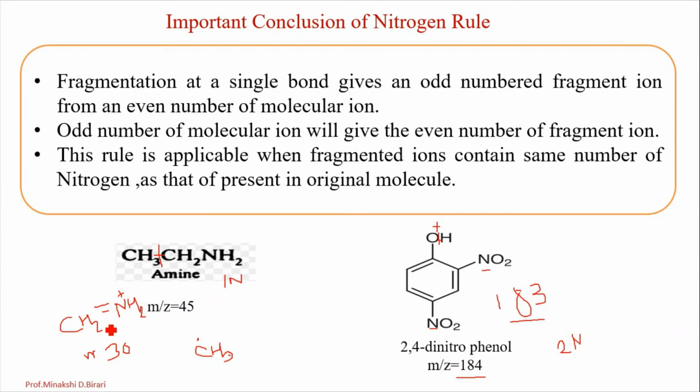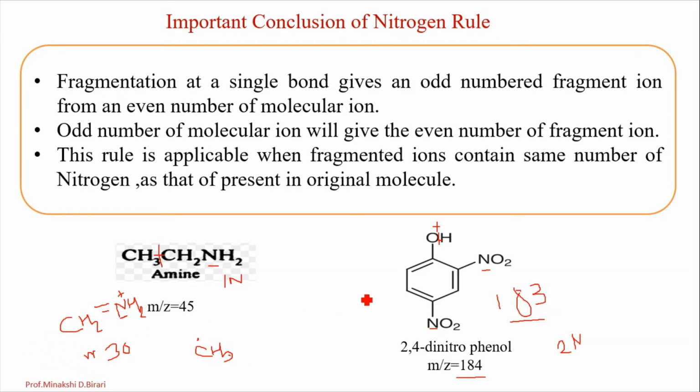But the number of nitrogens in the fragment ion and in the molecular ion is one, which is an odd number. And in this example, the odd numbered molecular ion gives an even numbered fragment ion. So for CH2=NH2 plus, the m/z value is 30. So an odd numbered molecular ion will give an even numbered fragment ion.